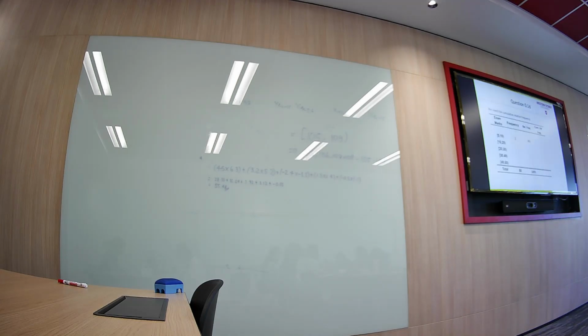And then for the ogive, it's like this one. If your ogive looks like this, it's correct. And the last question: what percentage of data is greater than 36?